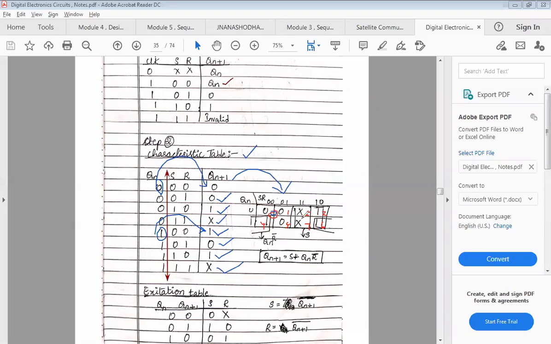Try to get a good group, and once you have a majority group, you will get an equation, and that is called your characteristic equation.